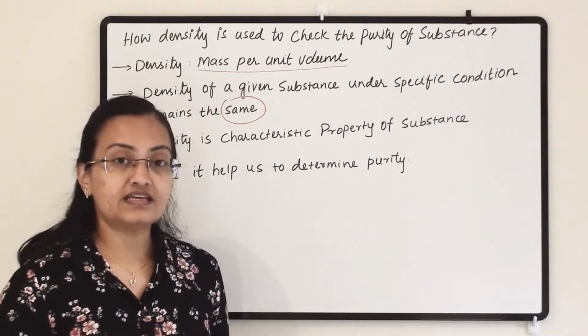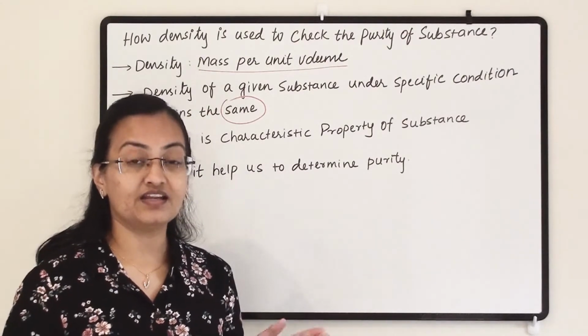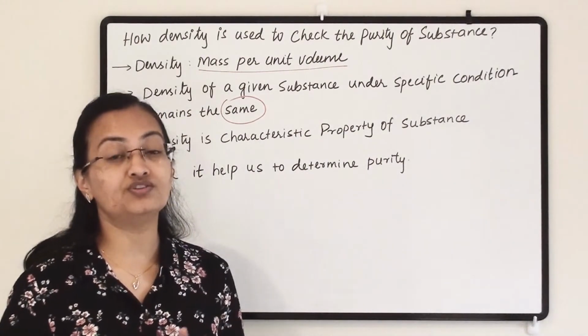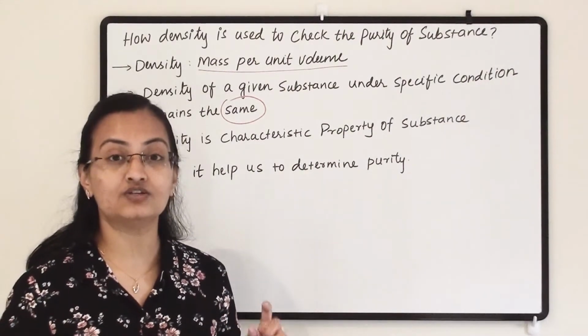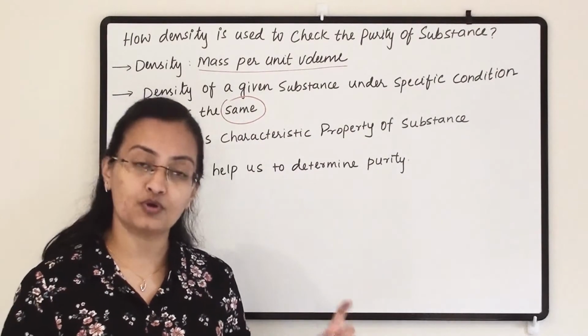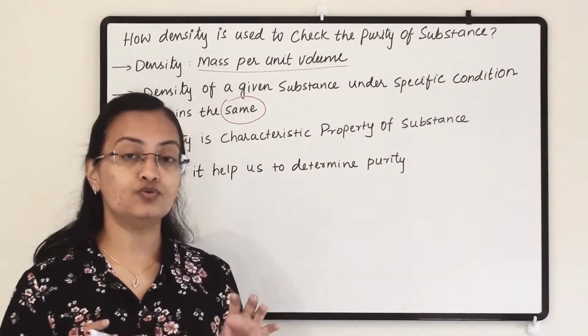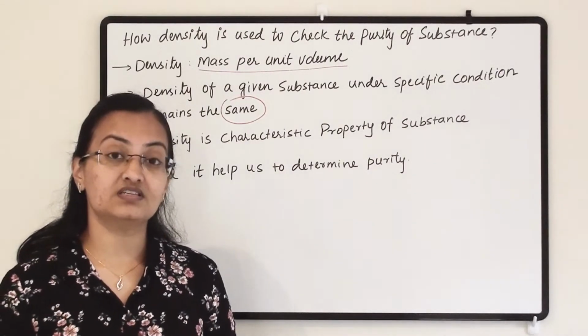If there is any impurity in the substance, then it will not match the theoretical or correct value, and it will indicate that the substance is not in its purest form. If this value equals the theoretical data, that means the substance is in its purest form.